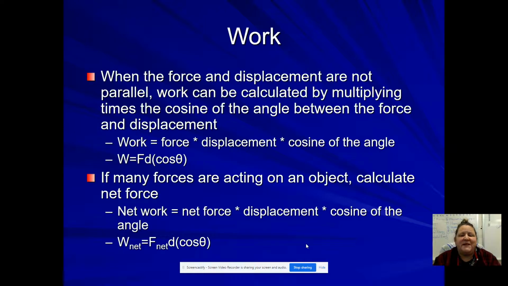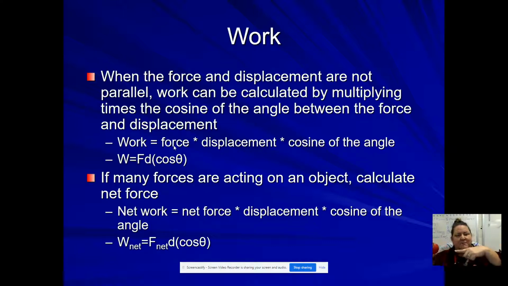When a force and a displacement are not parallel, which I'll show you a picture in a minute of what I mean by that, work can be calculated by multiplying by the cosine of the angle between the force and the displacement. So, let's say you have this apple, and I apply a force to this apple, and the apple moves this way.